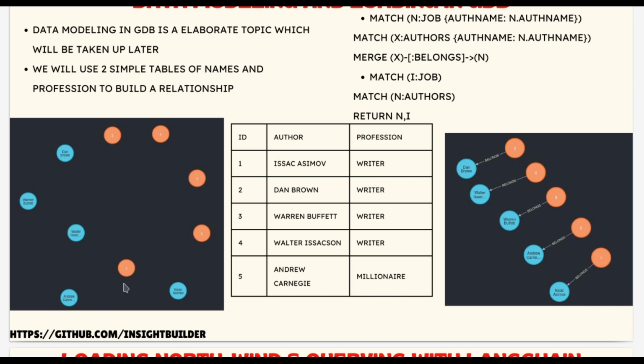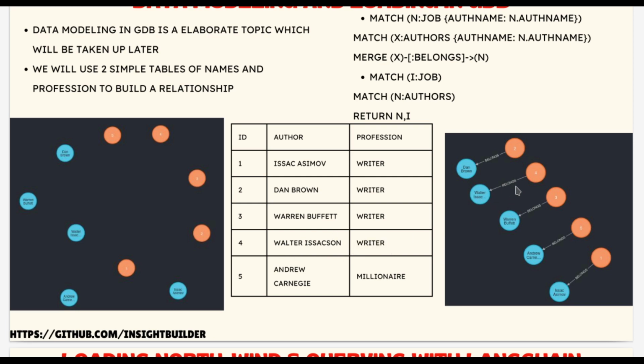Here you can take a look at all the data. It is spread out, and there is no particular relation here. But here the relationship has been created: number 2 belongs to Dan Brown, and number 4, profession writer, belongs to Walter Isaacson.